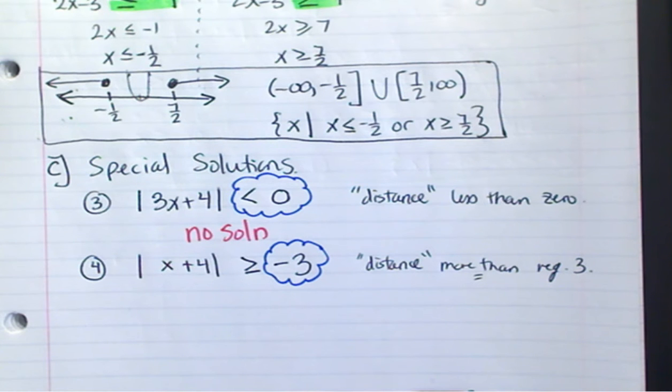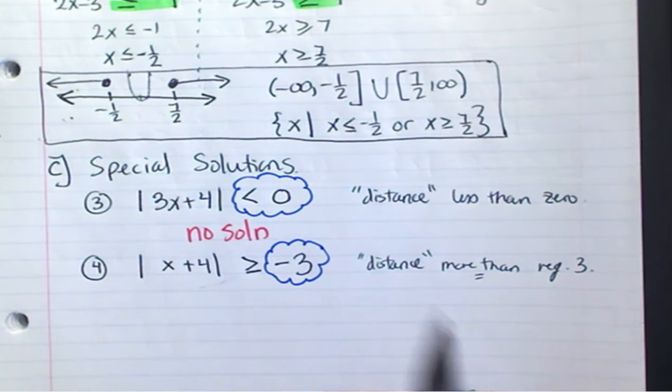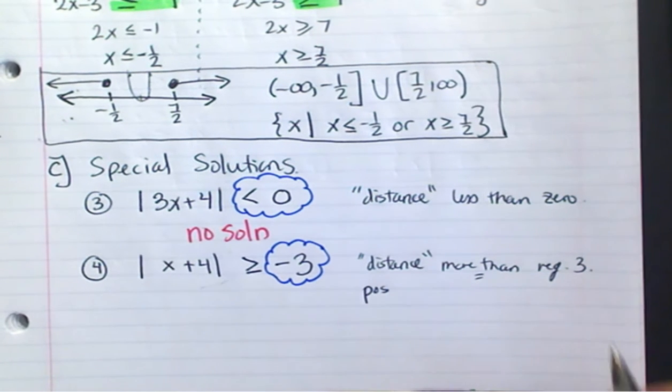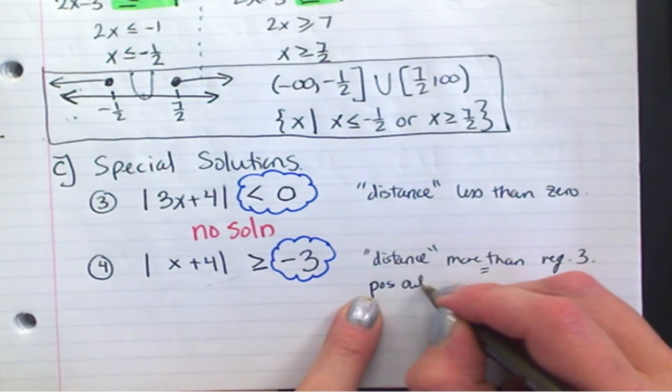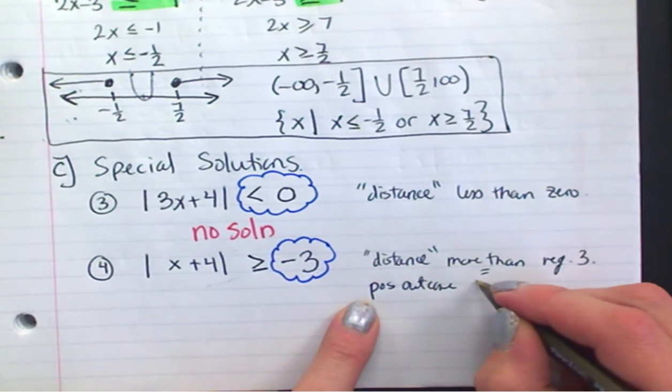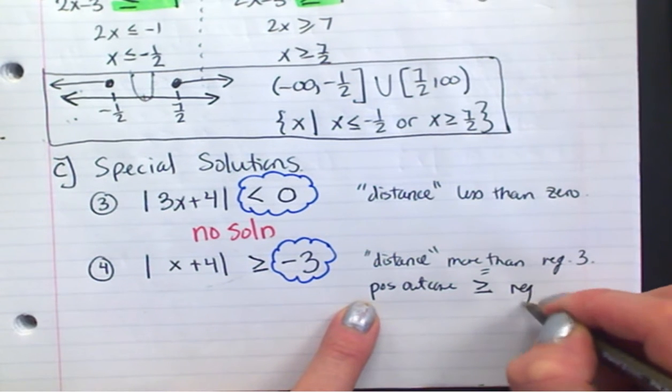Can you say yes to either? Greater than -3? Yes. Or equal? But I said greater than. If you evaluate for any number, are you going to get a true statement? Is a positive outcome greater than or equal to -3?